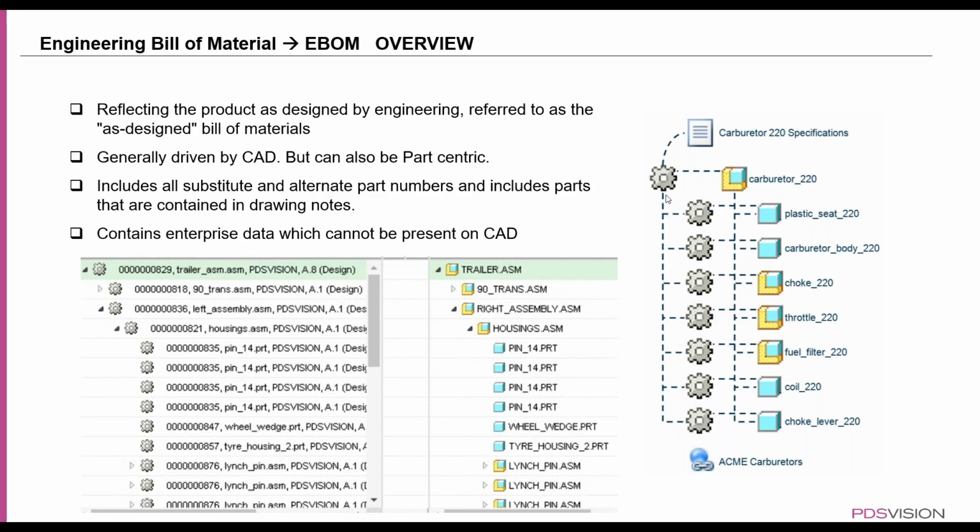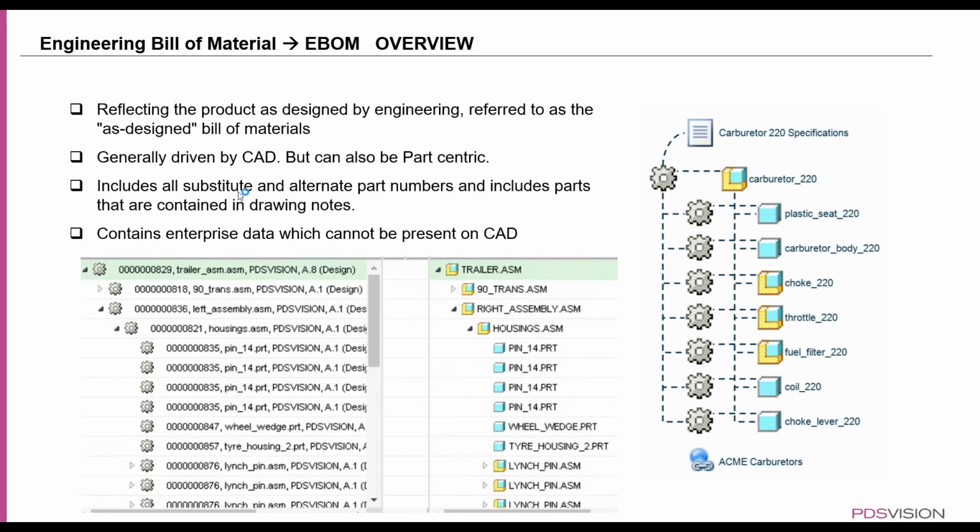The nice thing with the BOM structure is I can go into this structure and then link all the data that is related to this product. Things like the specification document, the requirement document, any information that's related to this product can be linked to this particular structure.